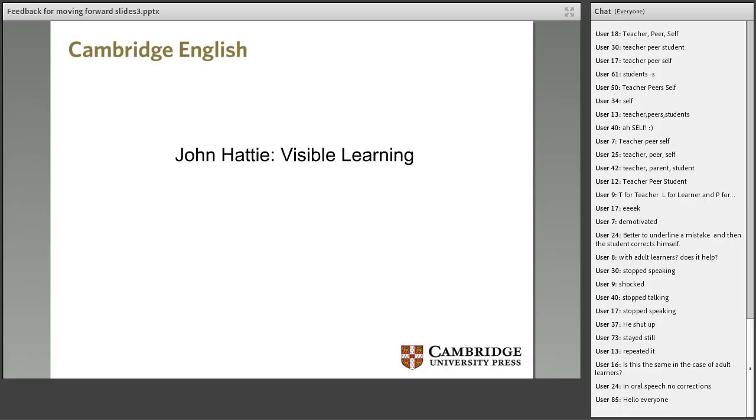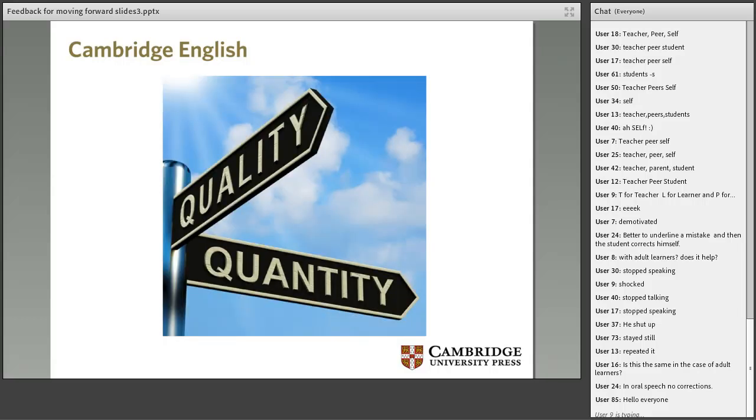Now, one thing I should mention is that his research comes from mainstream education, not necessarily English language teaching. But I think we can easily transfer it to English language teaching. The principles are the same. But the other thing that clearly comes out of his research is that it's a very complex area. Okay, so let's take a look at that.